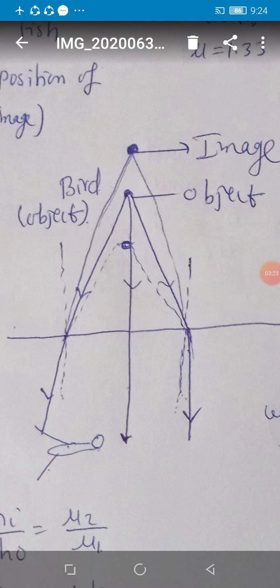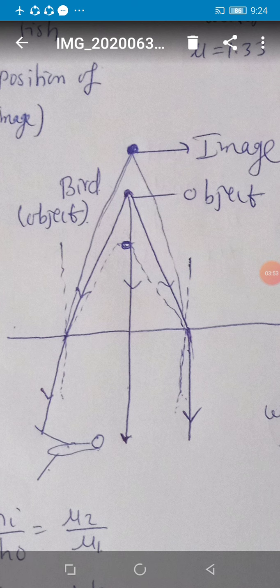Now the rays are coming from air to water, so the light will bend towards the normal. From the swimmer's side, he will see the image of the object a little above. Can you see it, student? He will see it a little above the actual height, meaning the height will increase in this case.